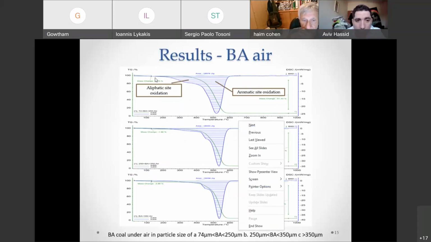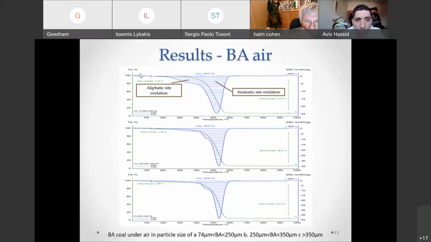Now, as you can see, between 30 degrees and 130 degrees, there is a mass loss due to the loss of the moisture. Then we go through a combustion process in which the major mass loss occurs.